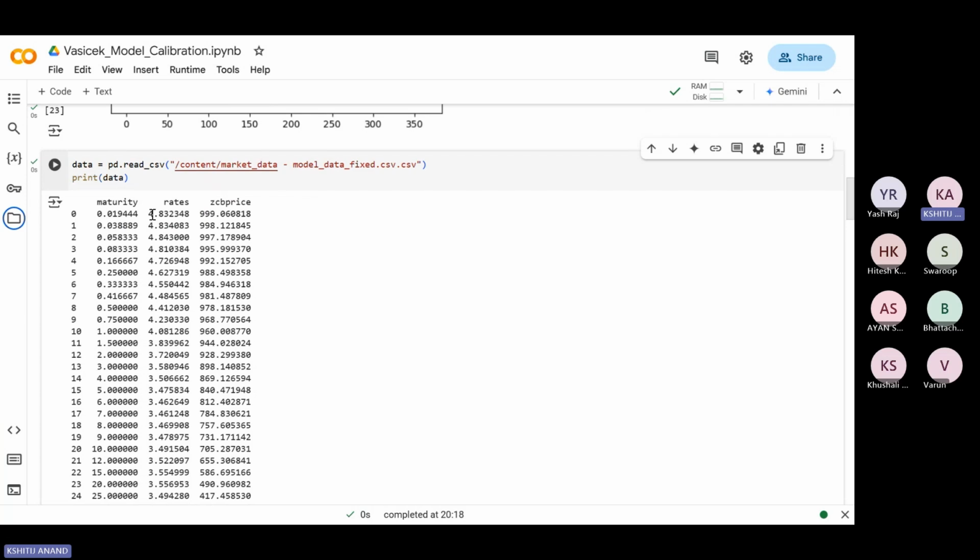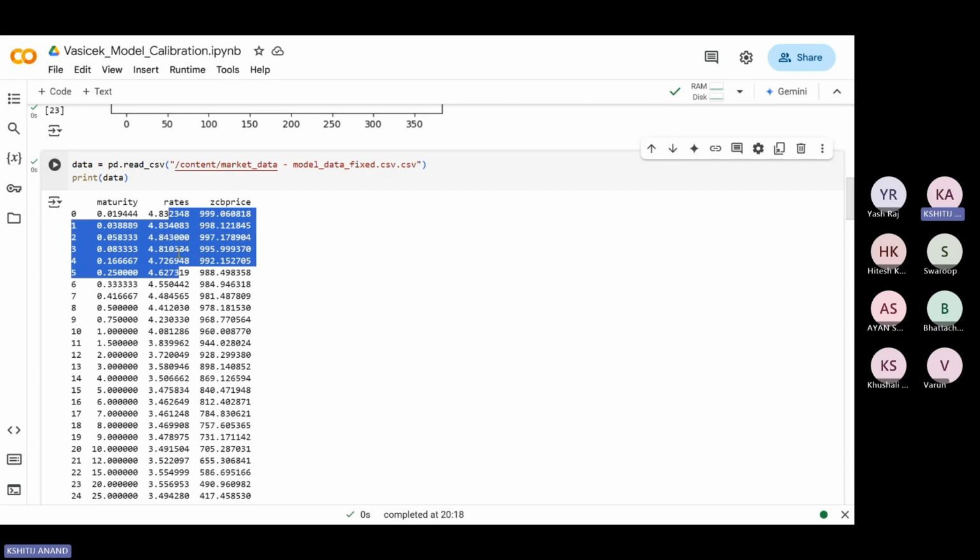Okay, if you see over here, this is the maturity. These are the rates and these are the ZCB prices, the zero coupon bond prices. Please note that these prices are out of 1,000. So it means the face value of the bond is 1,000 and this is the ZCB price. Again, these are the rates, but in percentage.